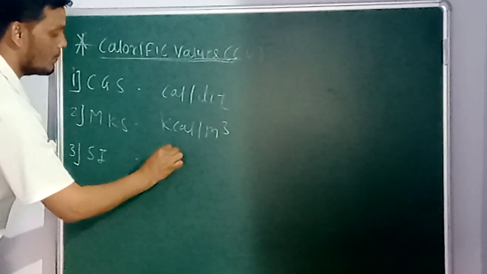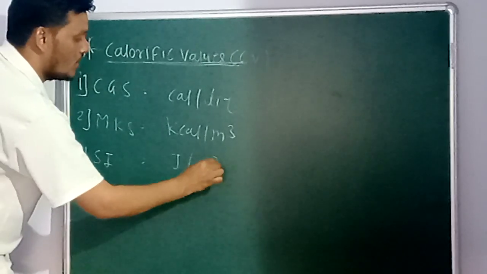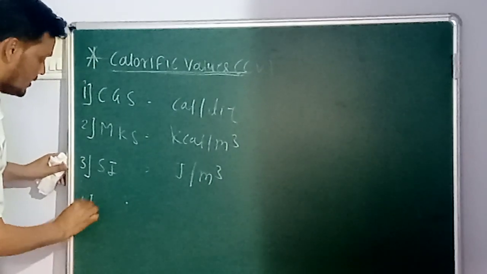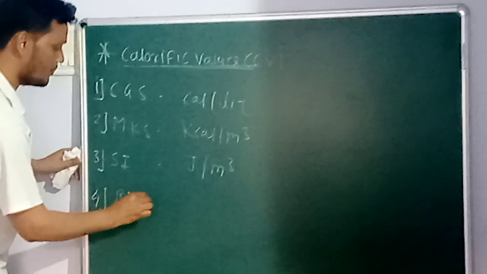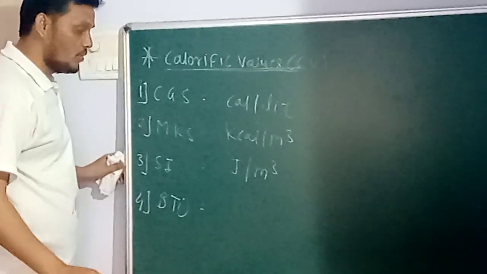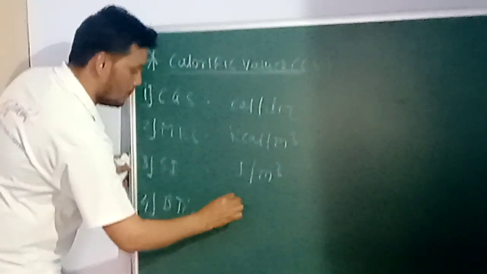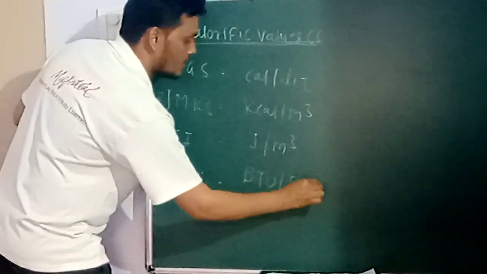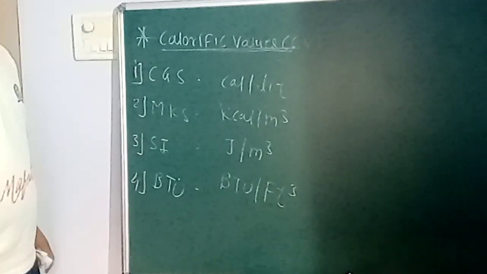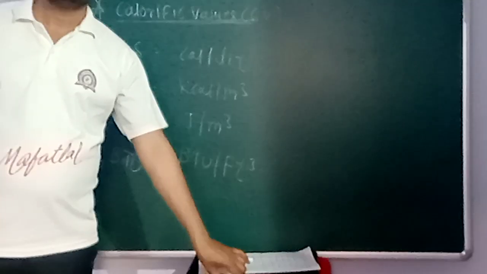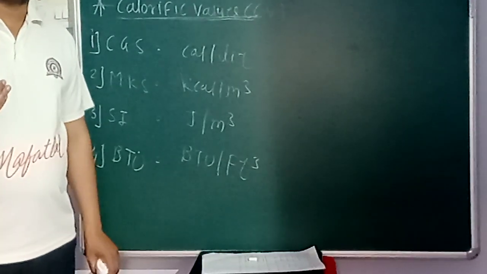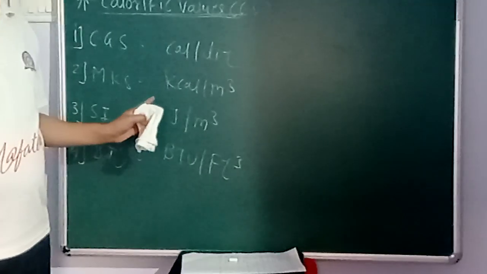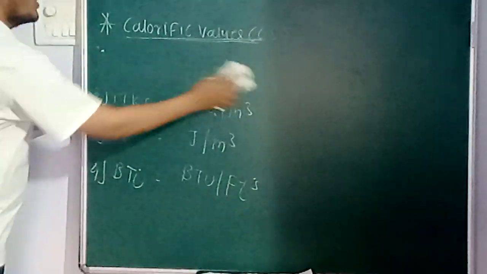In SI system, the unit is joules per meter cube. And fourth one is BTU system, that is British Thermal Unit, so it is BTU per cubic feet. So this is the way to express the calorific value of gaseous fuel, which is expressed in terms of volume.